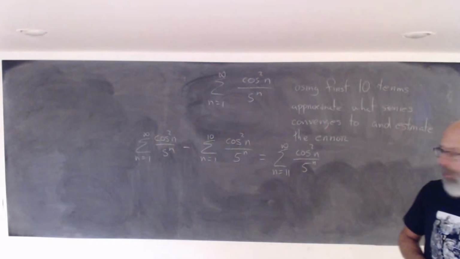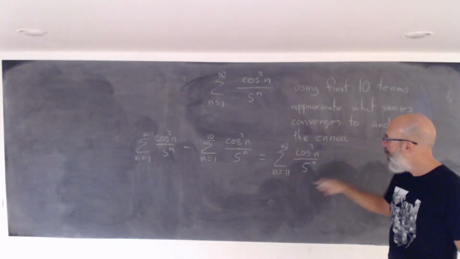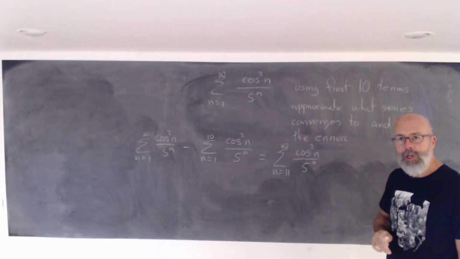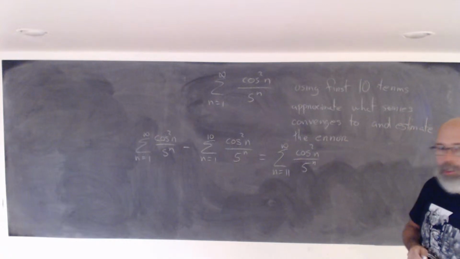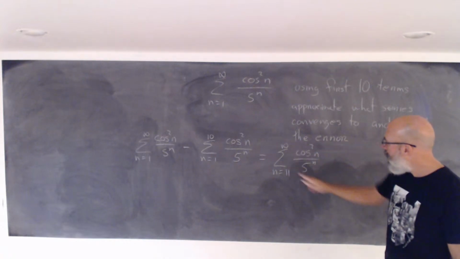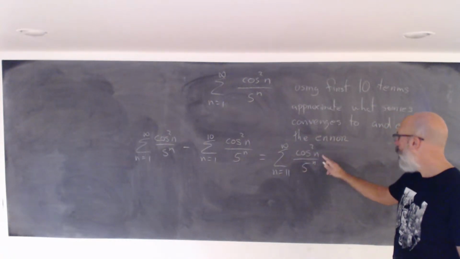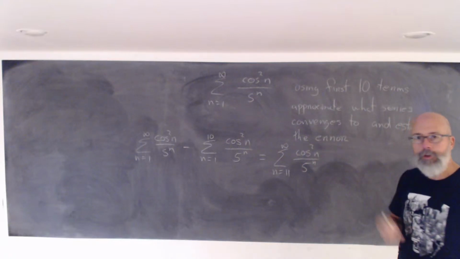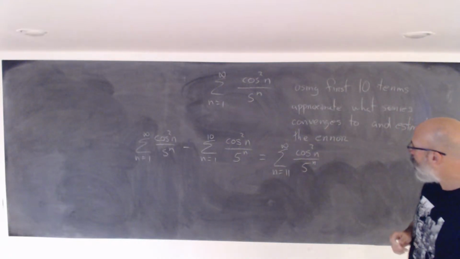Now, the problem is, here, this is not an alternating series, so you cannot use the alternating series business. Integration, well, it's going to be difficult. It's going to be difficult.